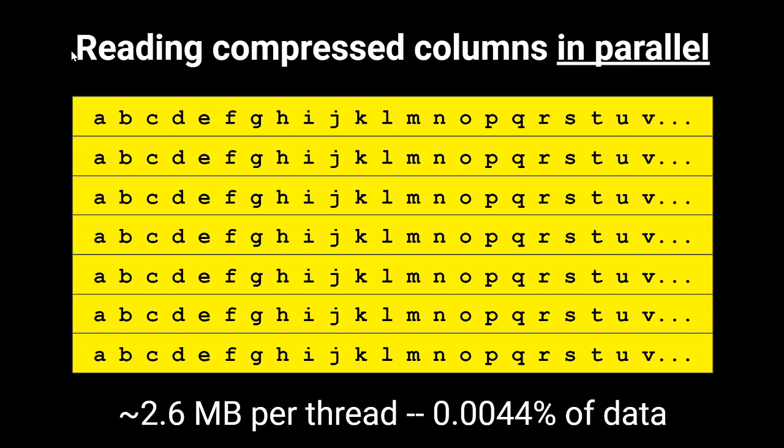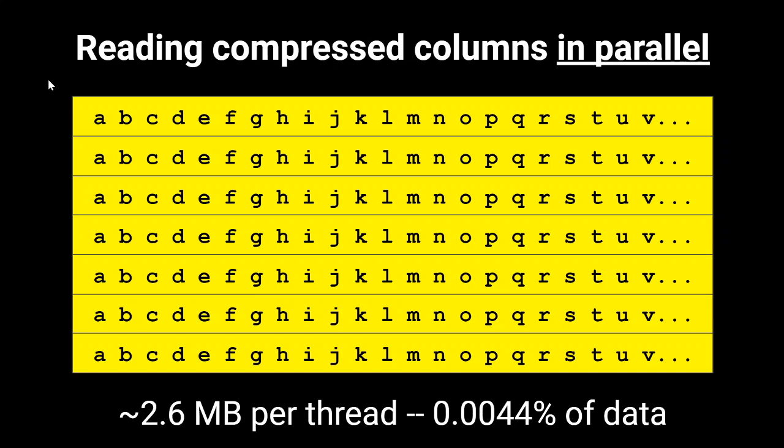There's one more thing that data warehouses do that make them very efficient at reading, and that is that they're able to break the queries up and read them in parallel. So we've talked about how the data is stored in columns. What data warehouses can do is take these columns, break them up into pieces, and then farm them out to different CPU cores.